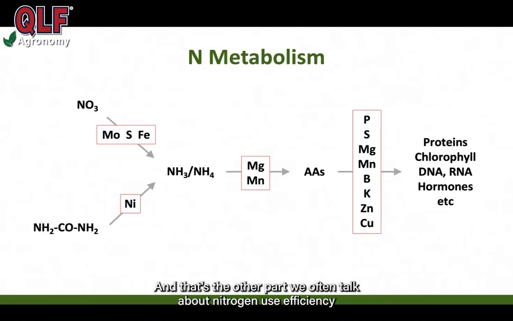And that's the other part. We often talk about nitrogen use efficiency in the context of nitrogen uptake efficiency, meaning of the amount of nitrogen that I applied, how much of that was taken up by the plant. And yes, that's a really important part of the nitrogen use efficiency discussion.